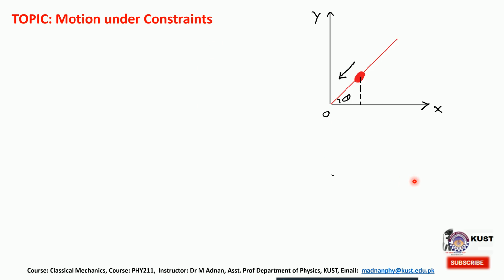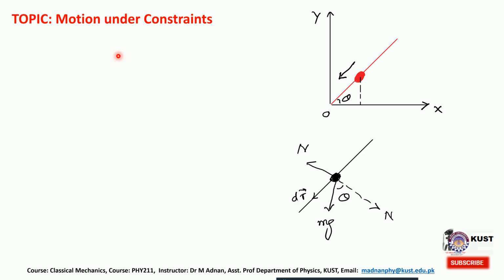So here, if we draw the diagram of this bead, let's say this bead is moving along this wire, and as I told you, once constraints are introduced, unknown forces arise. So in this case, the normal force is there, and also we have the weight of this bead.